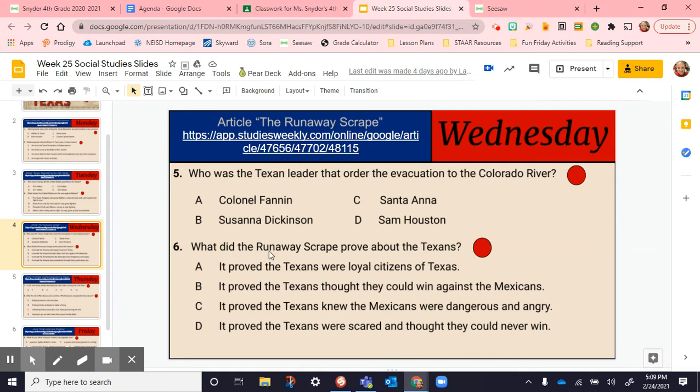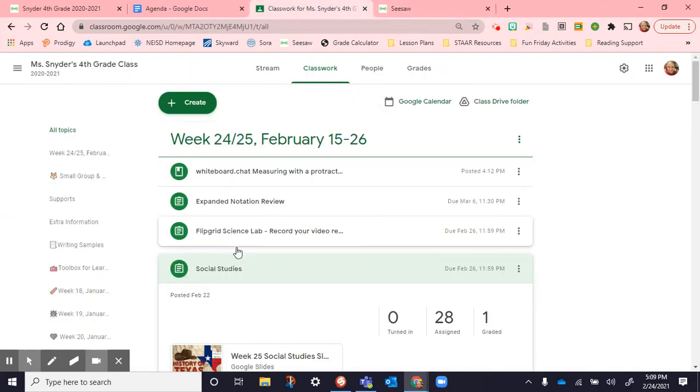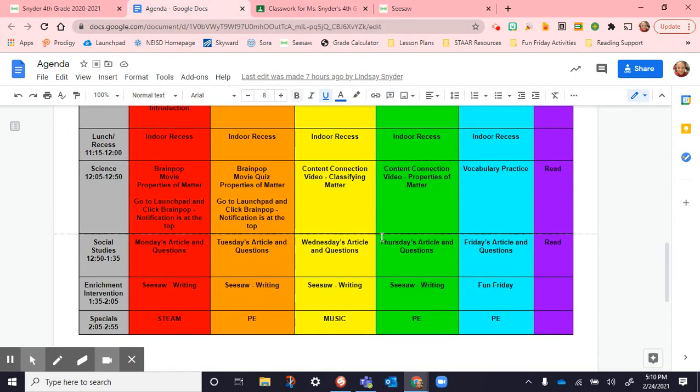And then what did the runaway scrape prove about the Texans? You can click the article here and read and listen to that, and then fill in your two responses there.